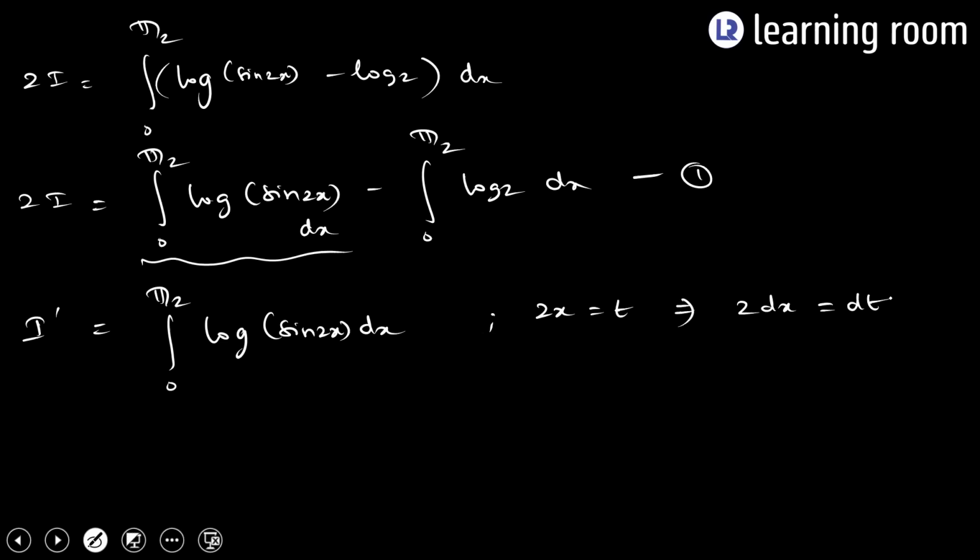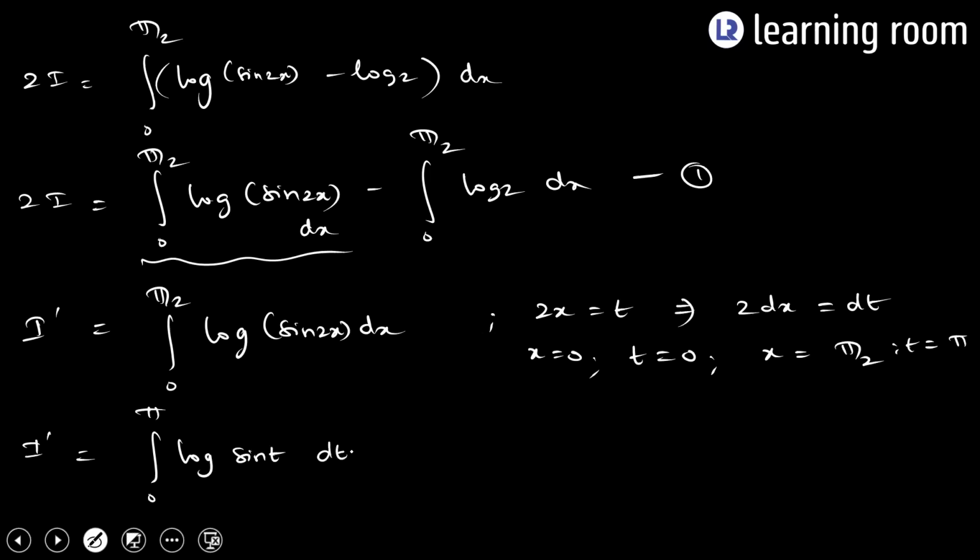Am I right? What will happen to the limits? When x is equal to 0, t is equal to 0; when x is equal to pi by 2, t will be equal to pi. So I dash will be equal to integral of 0 to pi log of sin t into dt divided by 2. So this will be equal to half of integral of 0 to pi log sin t dt.